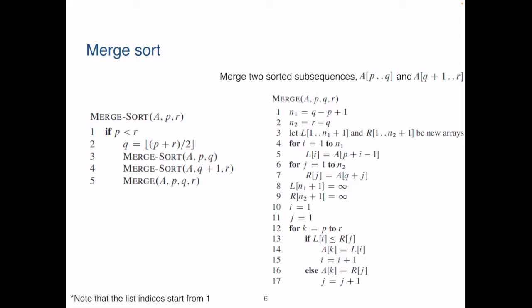We set the last item in L and R as an infinitely large number in order to signal that we are reaching the end of the lists. Then we rewrite list A directly from index P to index R. We look at both L and R, pick the smaller one, and write it to A.